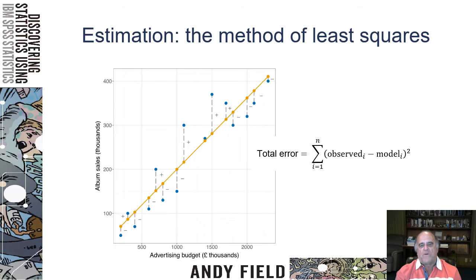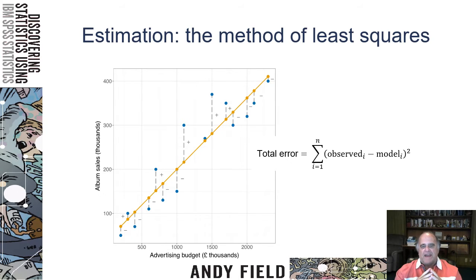And what we're basically doing is creating a regression line. That regression line has a certain degree of fit, in the sense that there's a distance between the predicted values and the observed values. And we can calculate total error as the sum across all the subjects of our observed values minus the predicted or model values, squared.